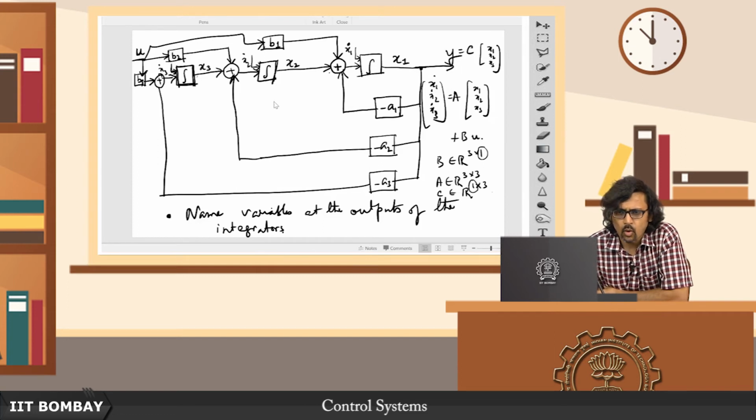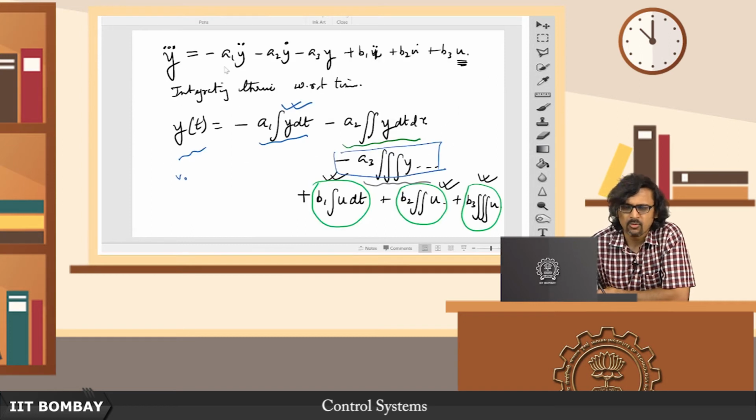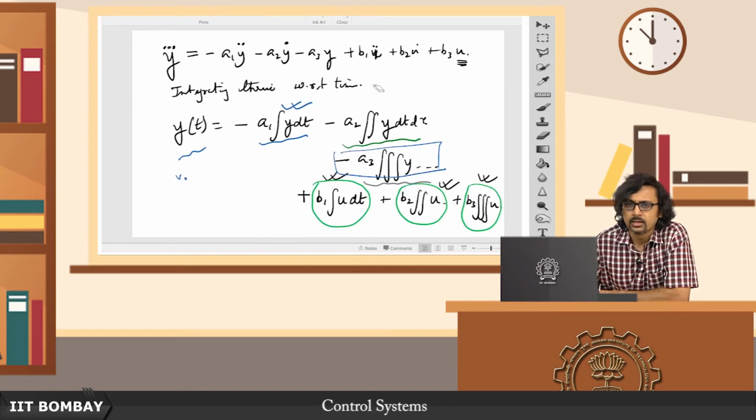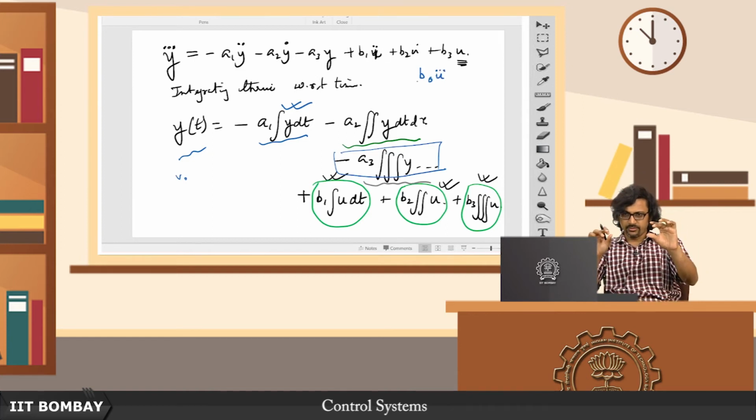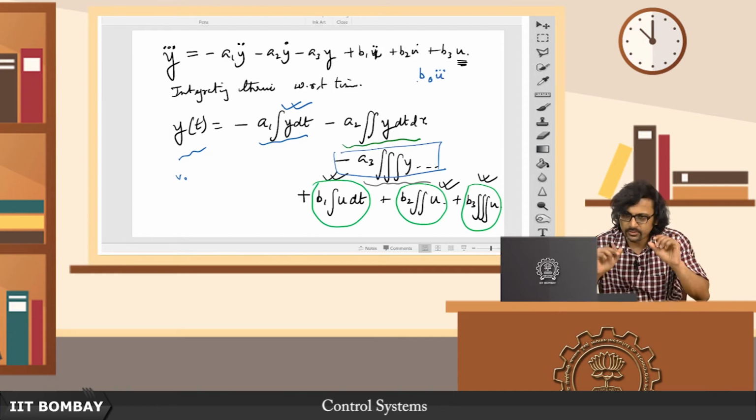So what if your ODE that you started with had a term, say something like, okay, how do I write this? Let me use a different color. So what if there was a term like, say, B naught U triple dot? So what if the degree of the derivative of U and the degree of the derivative of Y match?